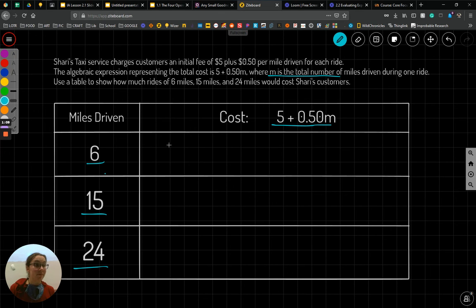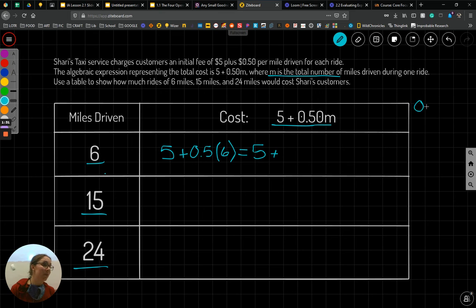So this is going to be 5 plus 0.5, and I'm not going to put that second 0 there, it's unnecessary, times 6, because 6 is our value for m right now, which equals, multiplication first, 5 plus, what is 0.5 times 6?